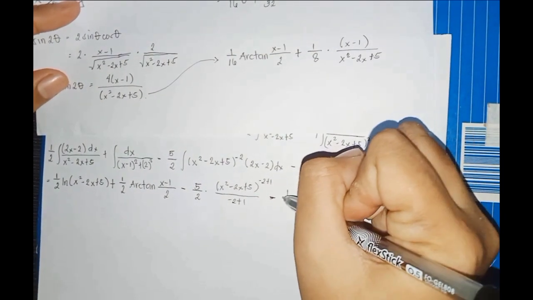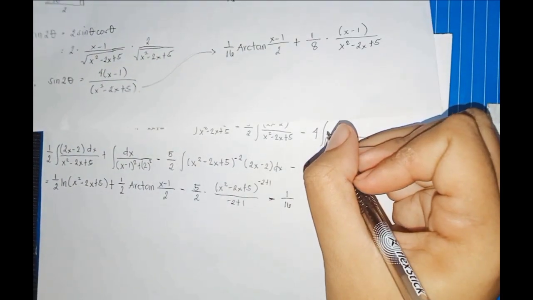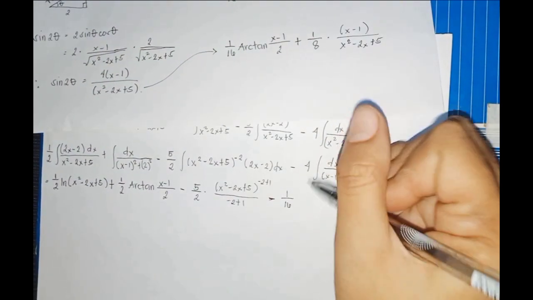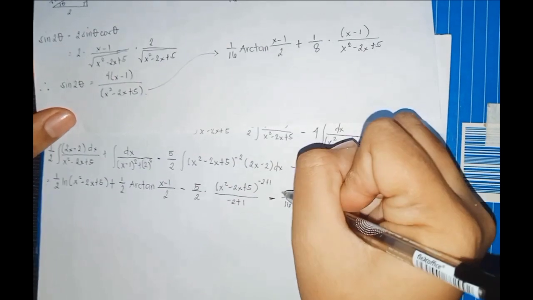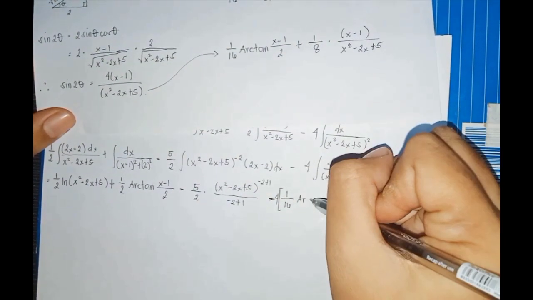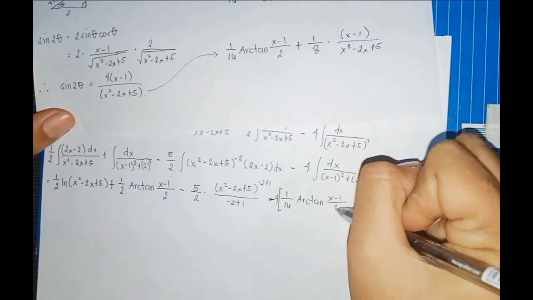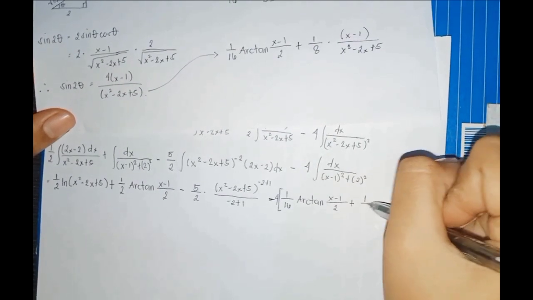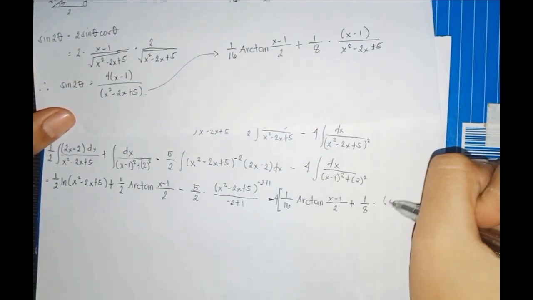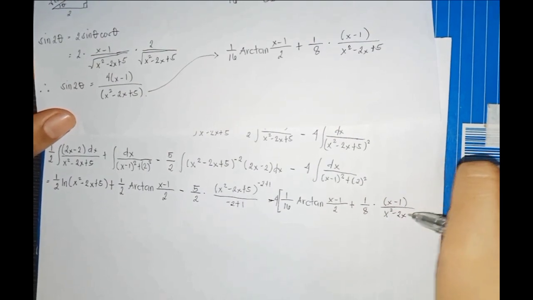So 1/16, oh, I forgot, before arctan x minus 1 all over 2 plus 1/8 all over x squared minus 2x plus 5.